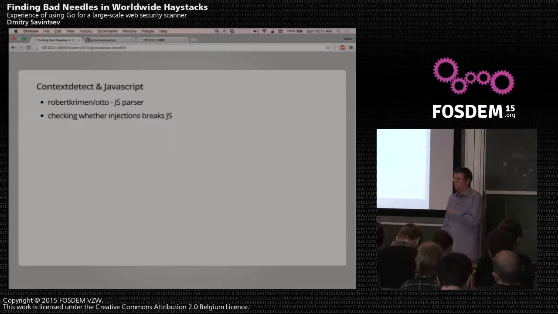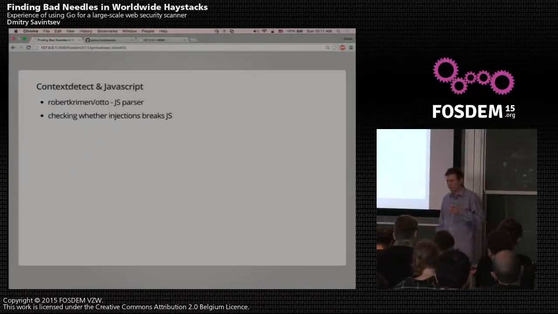We've seen the example previously that was an injection in JavaScript. Usually when you're sending the fuzzing string, you're not sending just some numbers or alert, but some special characters. And if it gets injected inside of JavaScript, it usually breaks the block of the JavaScript and makes it unparsable.